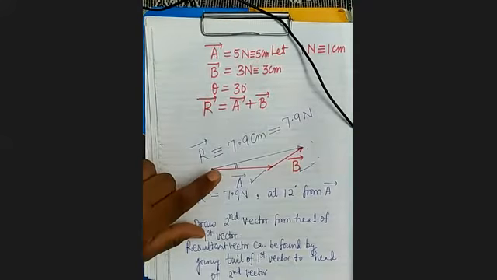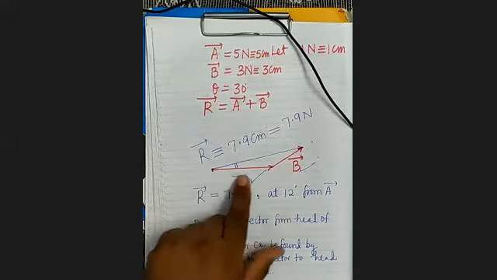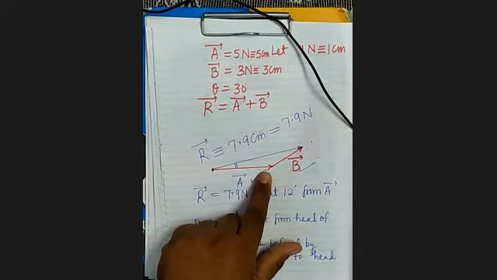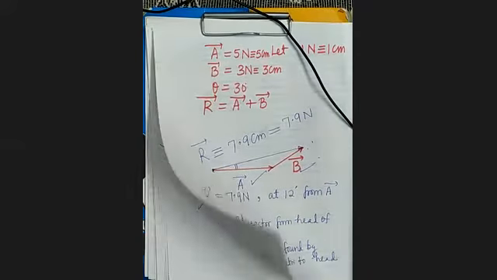Means what is the procedure of adding two vectors if their relative directions are given? You draw the first vector, then in any direction you can draw, because these are the relative directions.